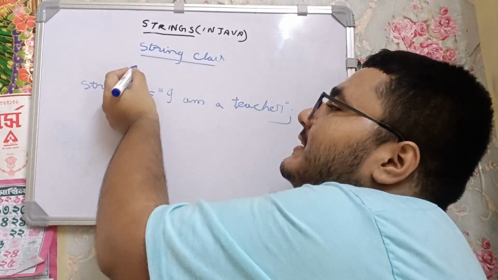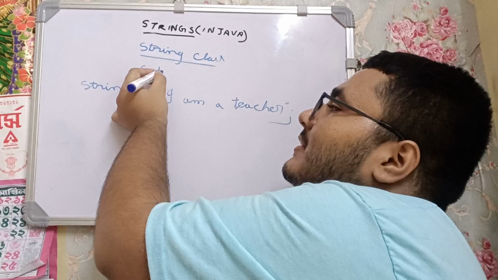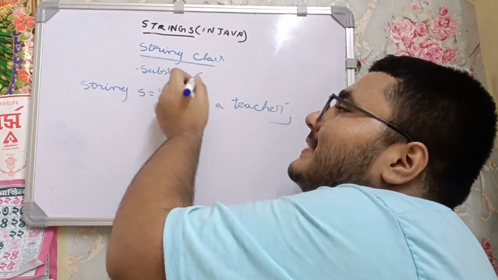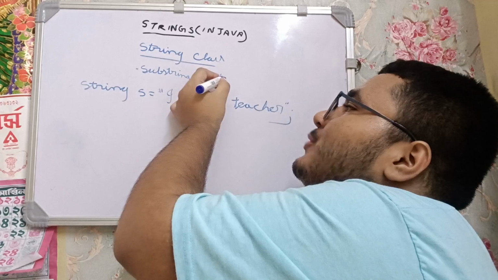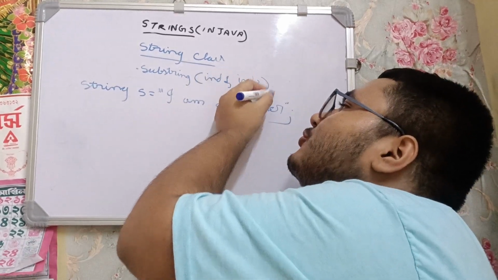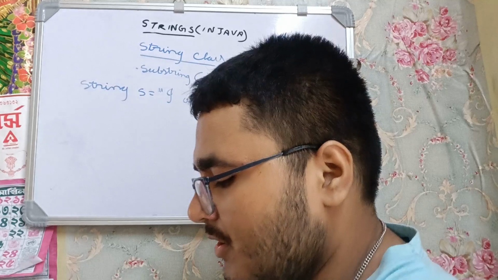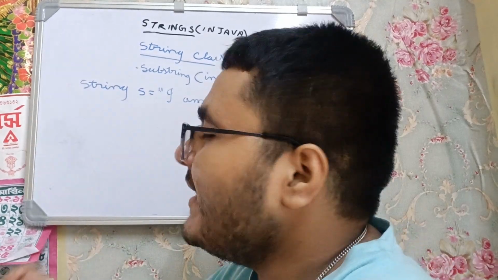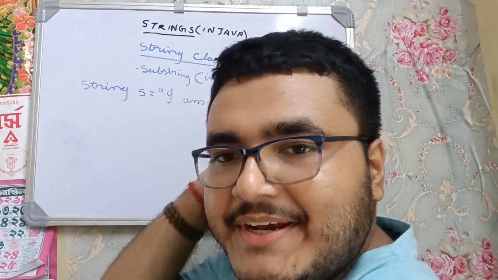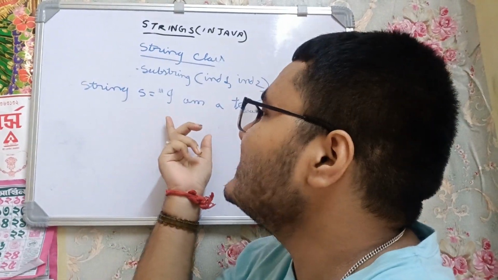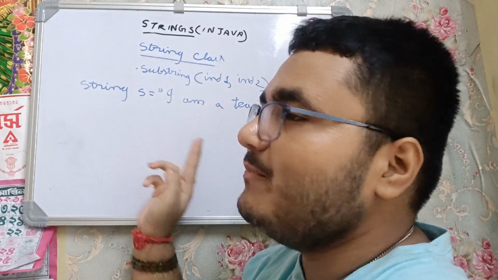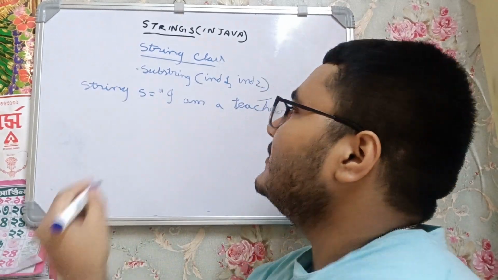Substring has an ability to accept a maximum of 2 indexes; it can accept 1 index also, or 2 indexes also. So what will it do? As the name suggests, it will bring out a substring for you, from this whole string.